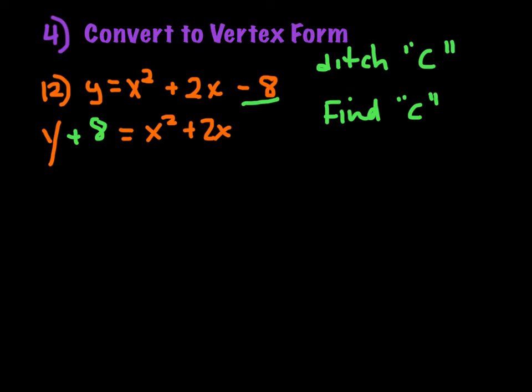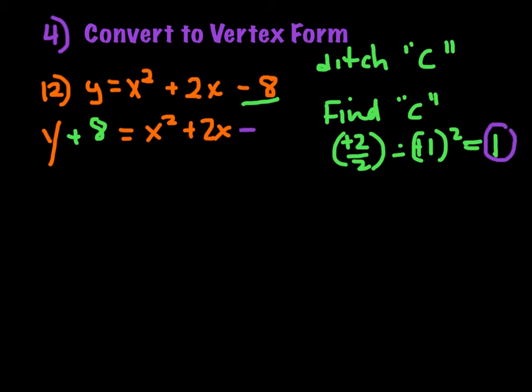Now I'm going to find c. I'm going to take b, divide it by 2. I get positive 1, and I'm going to square it, and I get 1. I'm going to take this 1 and add it to both sides. And I get y plus 9 equals x squared plus 2x plus 1.